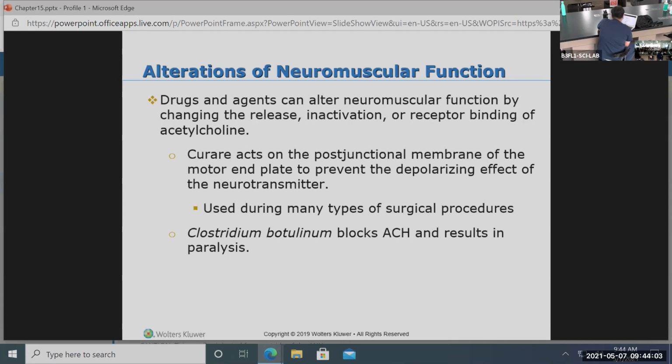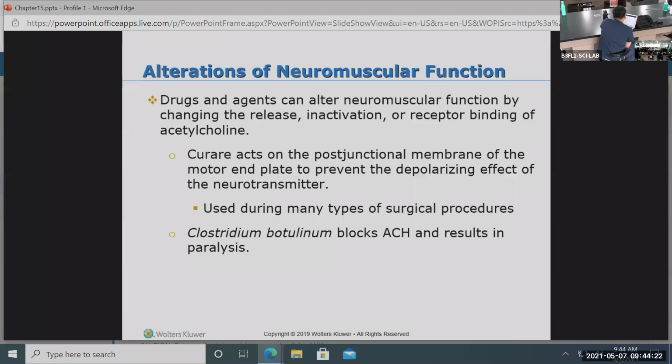Very important drug. This is commonly used during surgery. And this drug, Curare, is controlled by the person who is giving anesthesia to the patient.